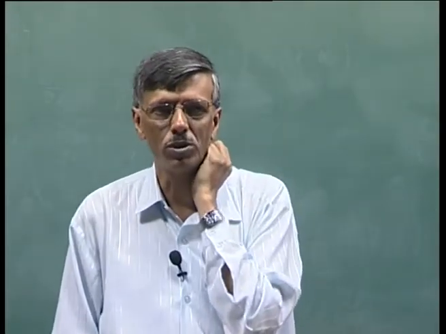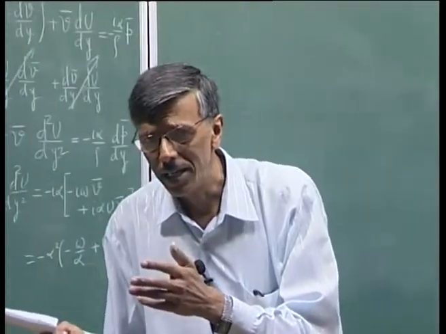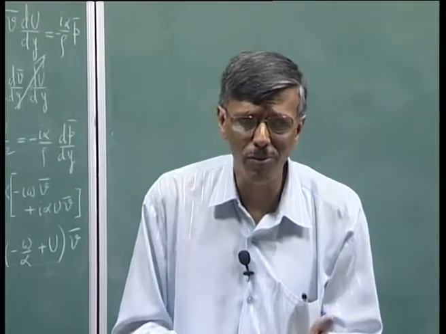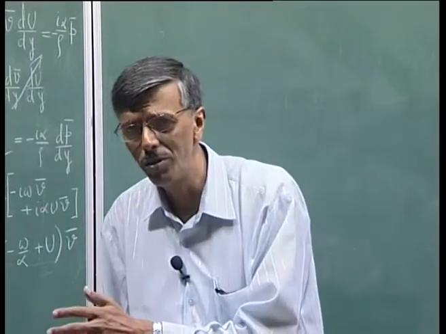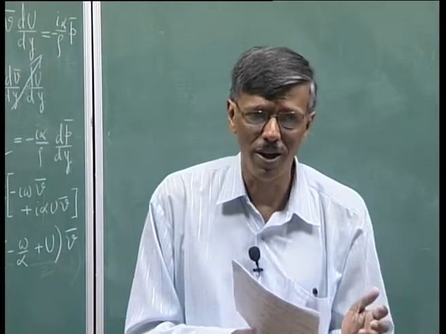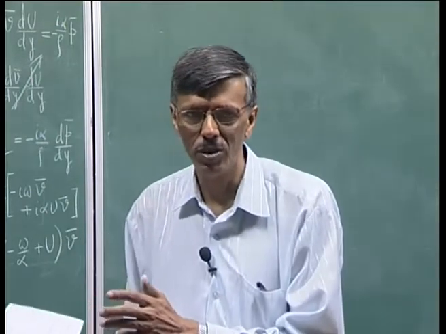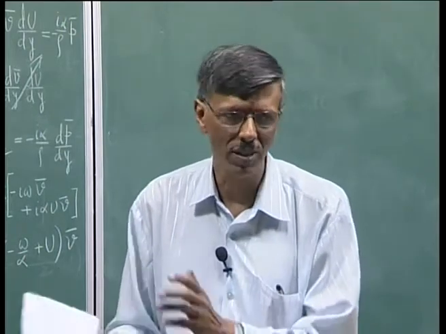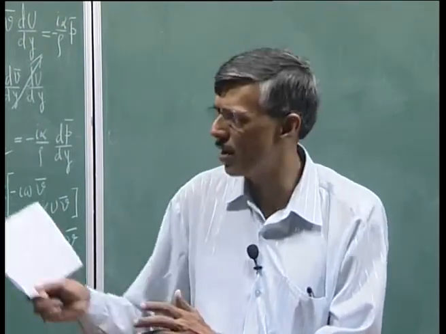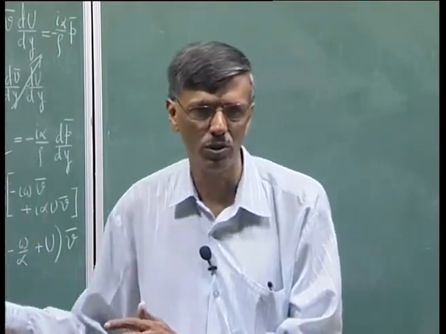What we could do is talk about a temporal instability, where omega will be complex and alpha will be real, and a spatial instability, where omega will be real and alpha will be complex. So we'll start off from this in the next class. Okay? So we'll adopt for this problem a temporal instability approach. Okay? I'll stop.